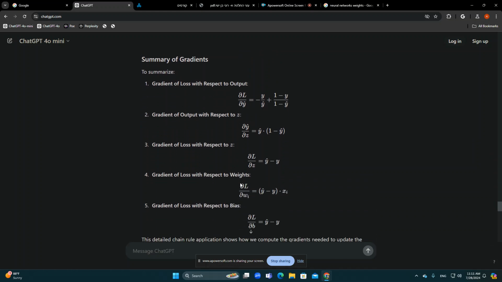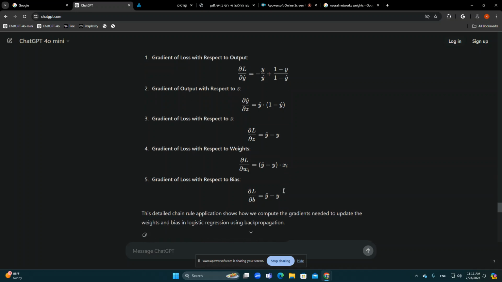Okay, so you can see the summary here. Starting with L with respect to y hat with respect to z, and from this one times this one, we get L with respect to z, and to get L with respect to wi, we take this one and multiply by the derivative of z with respect to wi, which is here.